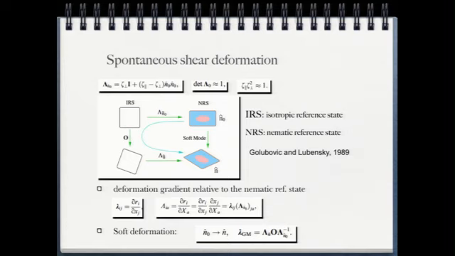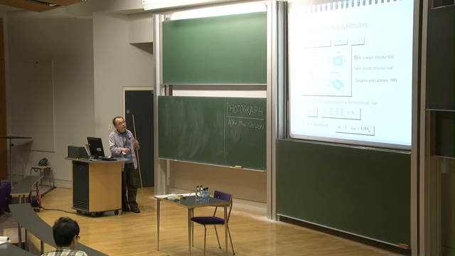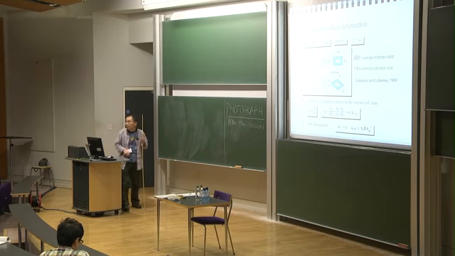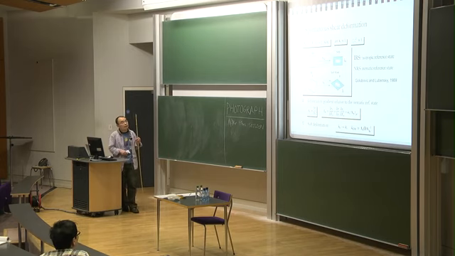The little lambda can be expressed in terms of the big Lambda, the deformation gradient defined relative to the original isotropic state, together with lambda_n0, the spontaneous deformation from the isotropic state to the nematic reference state. So we have an expression for this soft deformation.